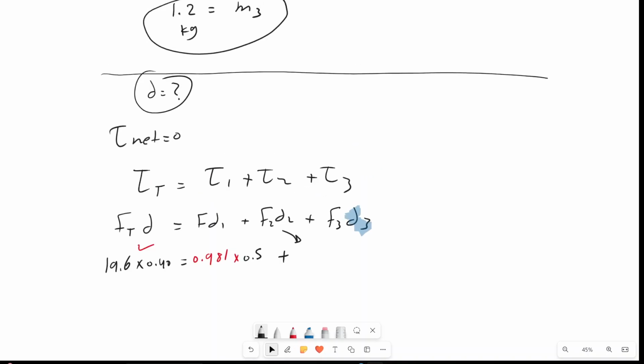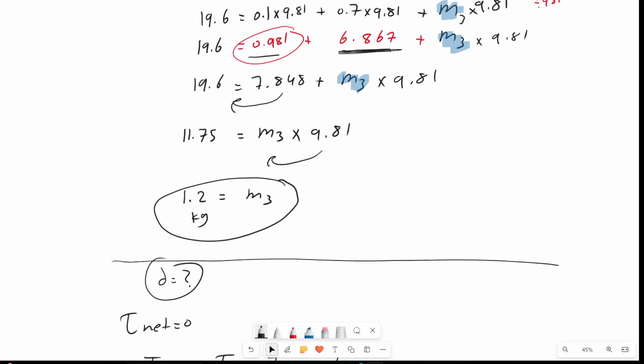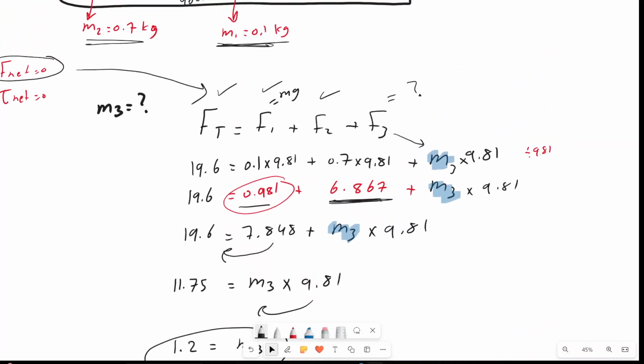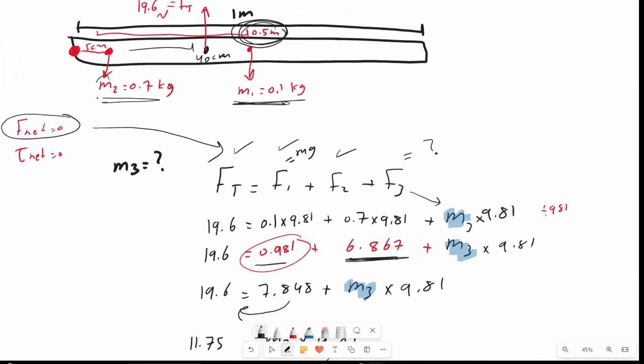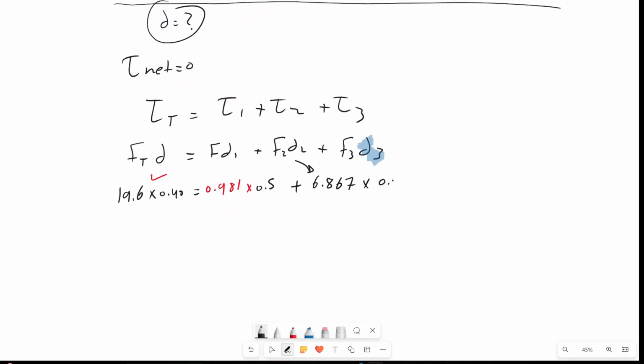Plus, let's do this. And F2 was how much? 6.867 multiplied by D2. Where was the distance D2 of the second mass? The second one from M2, the distance was only 5 centimeters. 5 centimeters means 0.005.